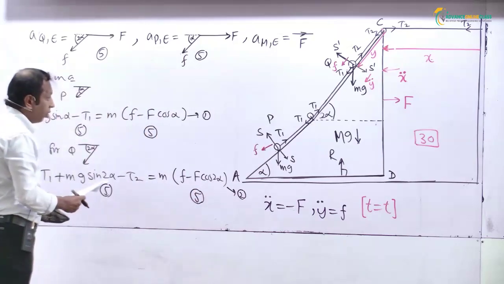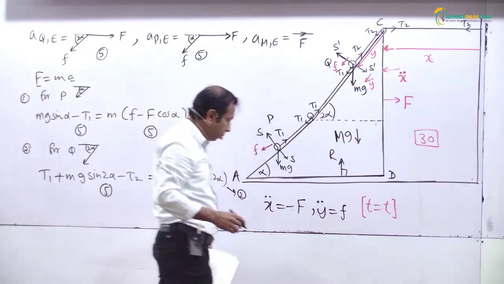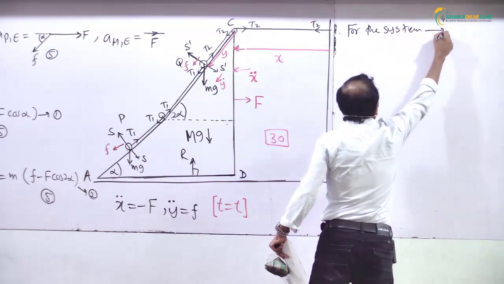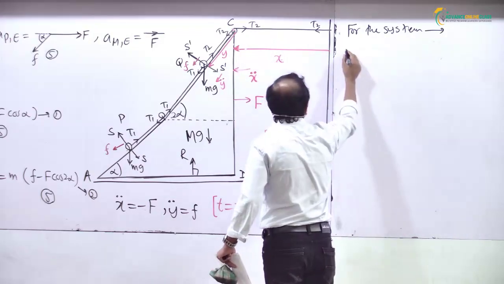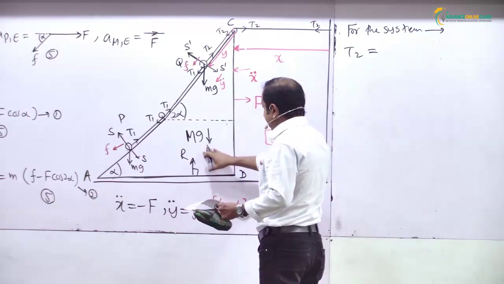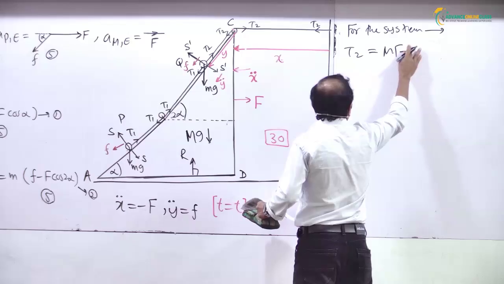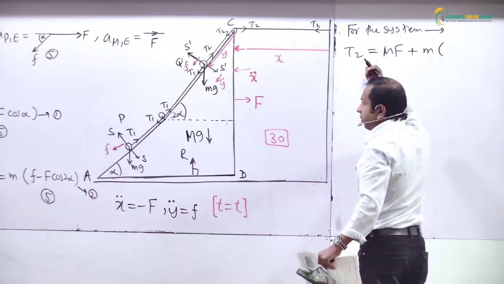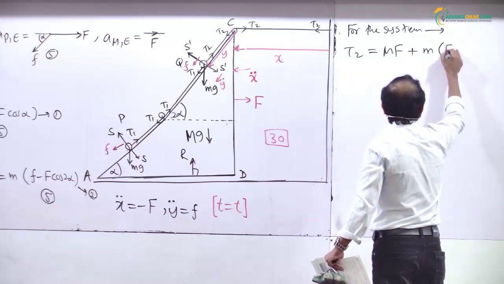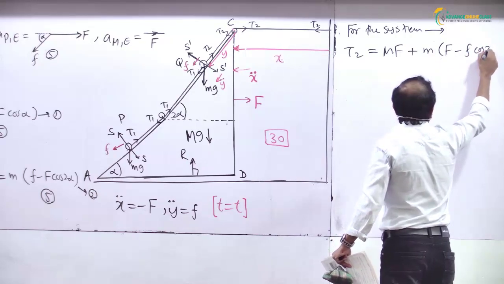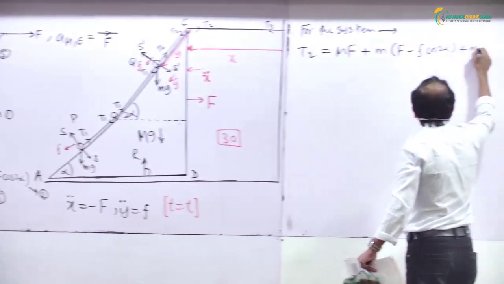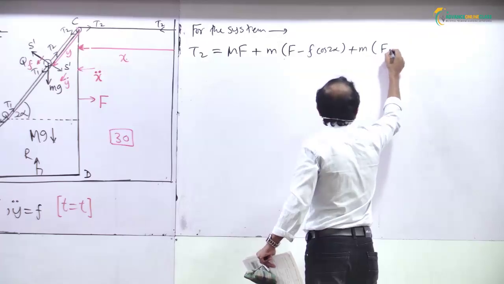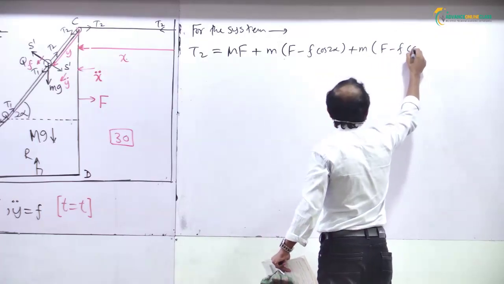Now, number 3, for the system. For the system, the external force is this T2, plus the mass of Q is M, Q has the acceleration capital F minus small f cos 2 alpha, and P, M times capital F minus small f cos alpha.